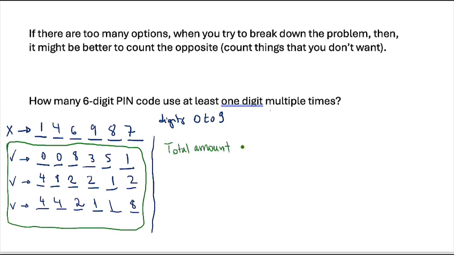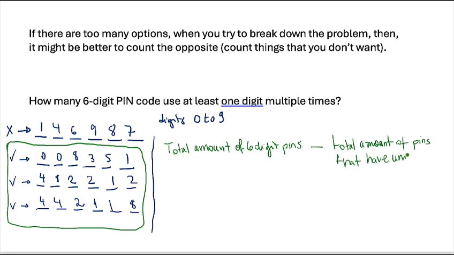If I think about the total amount of 6-digit pins that I can make, if I subtract the total amount of pins that have unique digits in each position, right?